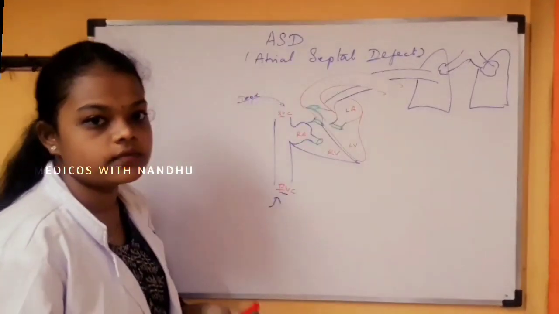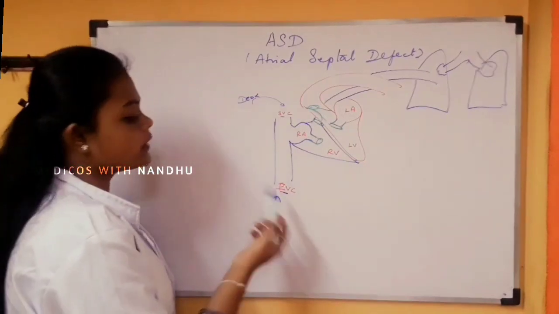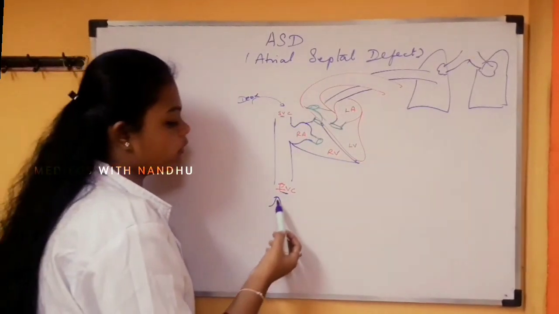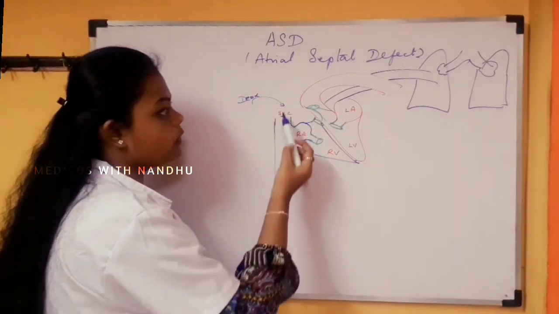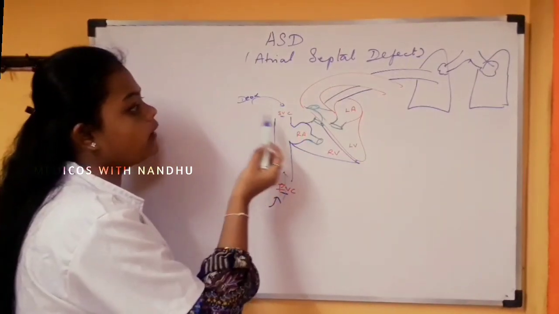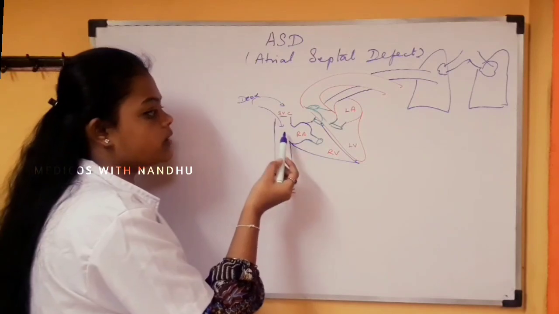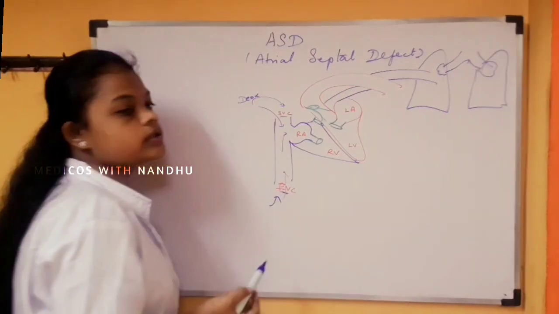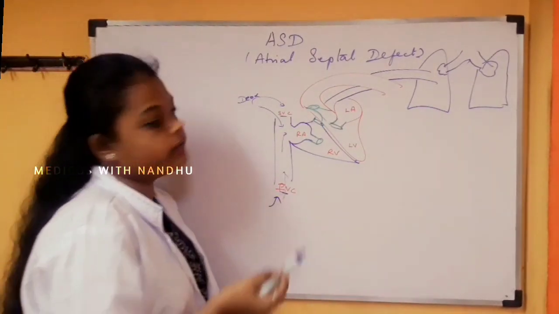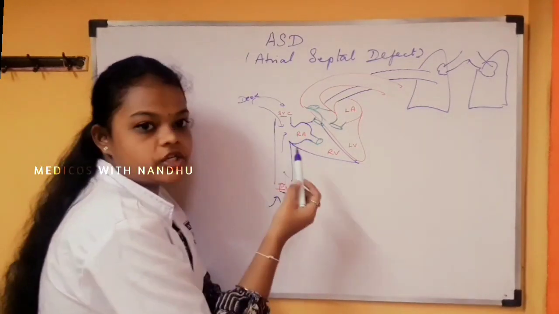So these two streams of deoxygenated blood come directly to the right atrium.